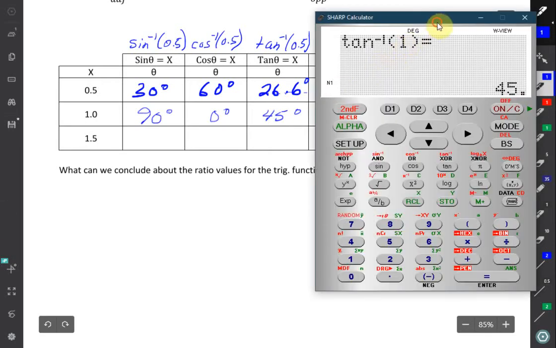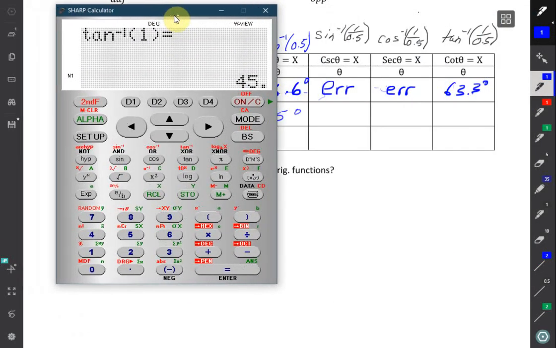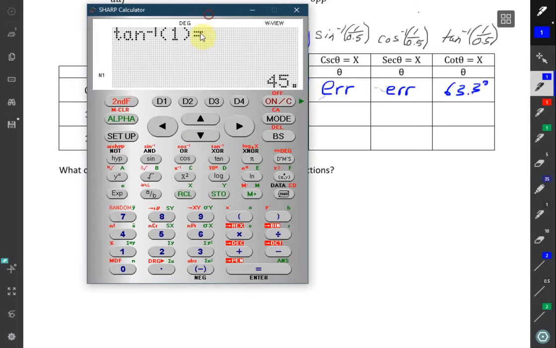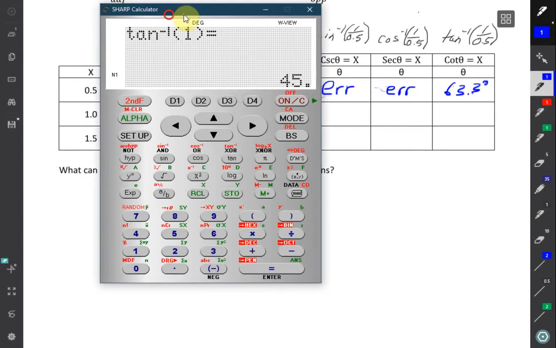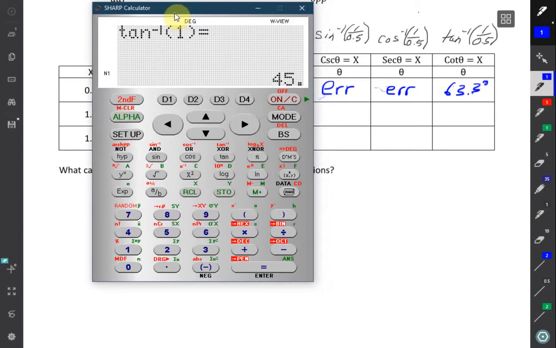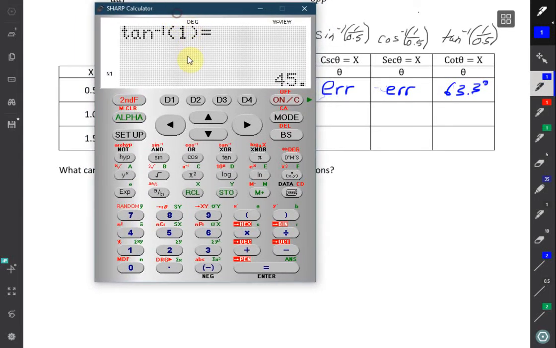Coming over to the reciprocal functions, once again, we're going to need to do 1 over. And we were working with 1 here. Second function, sine, and this is 1 over 1, so it's just 1.